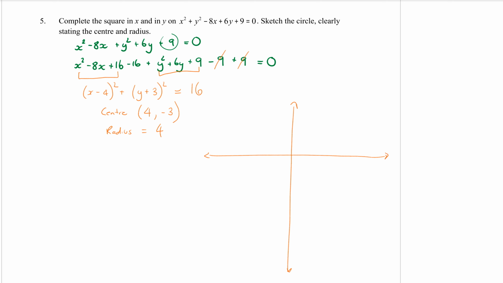We need to put a few measurements on here so we can draw our circle. Our center is at 4, minus 3. So 1, 2, 3, 4, minus 3 would be there. Label it.